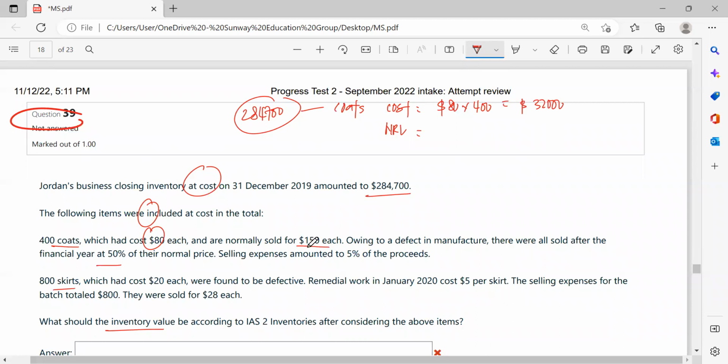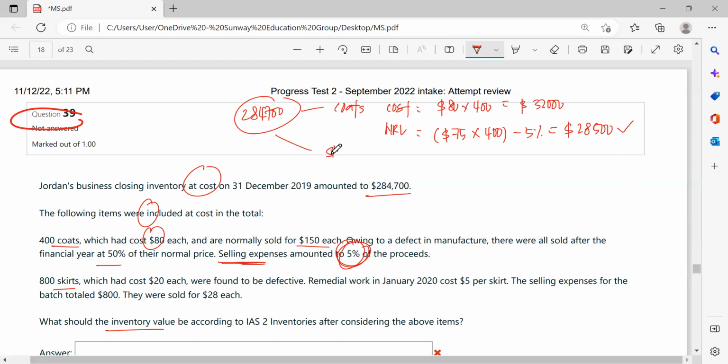That is the estimated selling price: $75 multiplied by 400 units. But don't forget, you still have to minus the selling expense of 5% of this total. So the answer is 28,500. For the coats, it's very simple: you take the NRV, as it's obviously the lower amount.